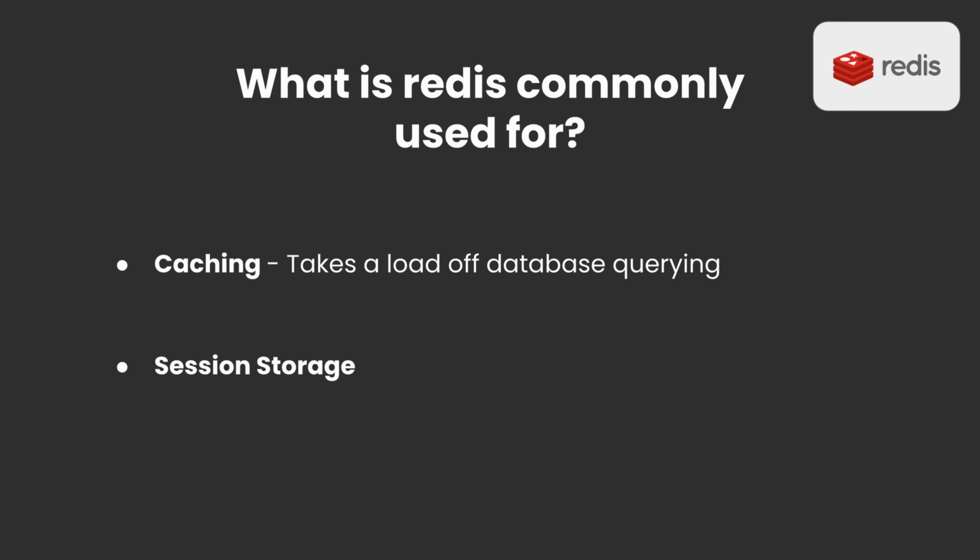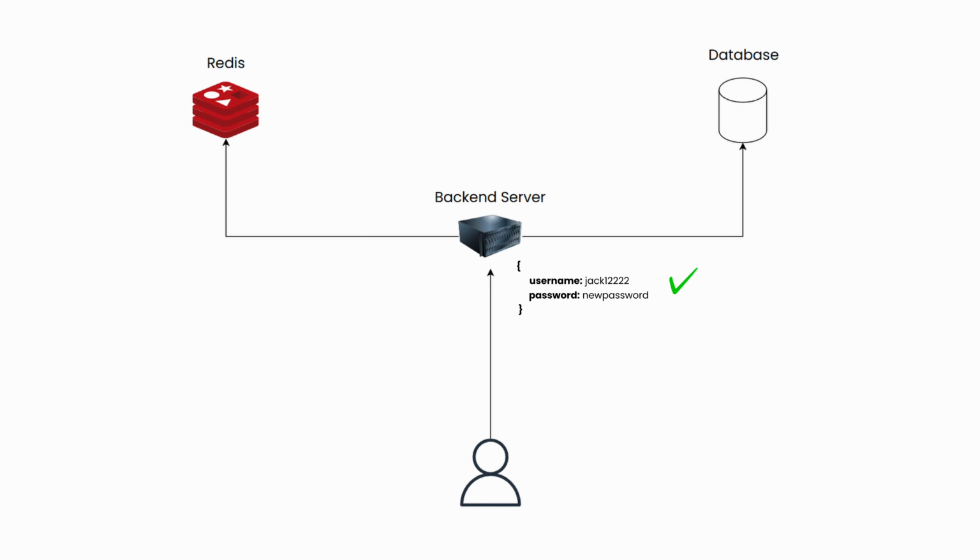Another thing Redis is commonly used for is session storage. When a user is authenticated by the authentication server being used in the backend, the session key that is sent to the user as a secure HTTP-only cookie is also stored in Redis as cache.